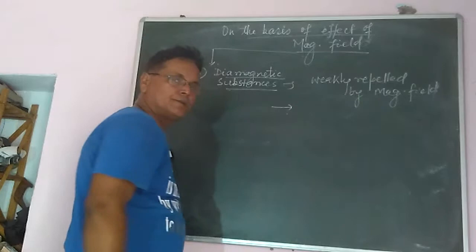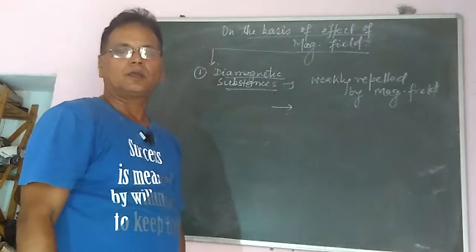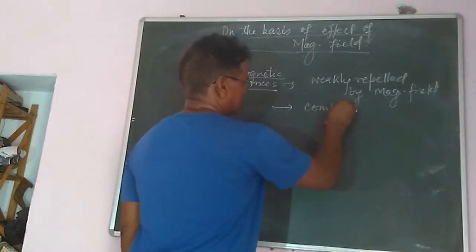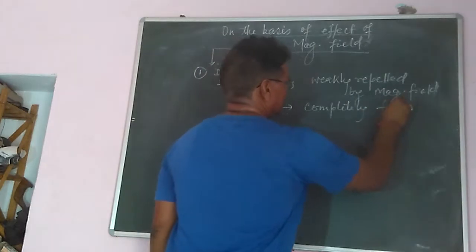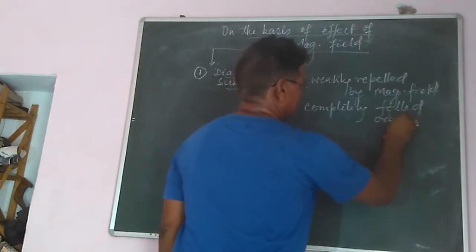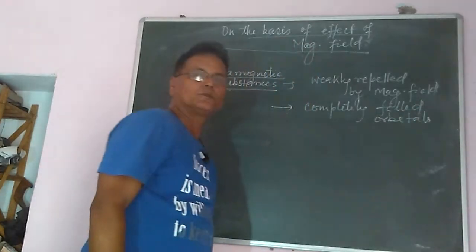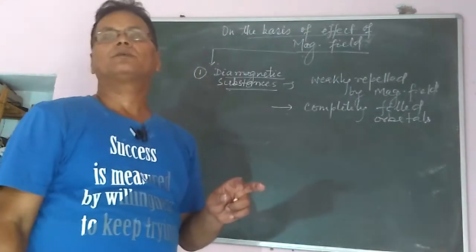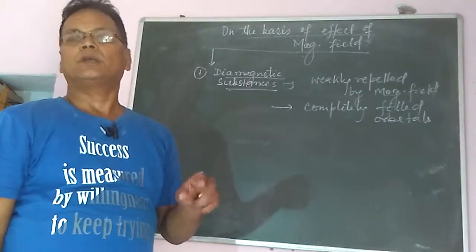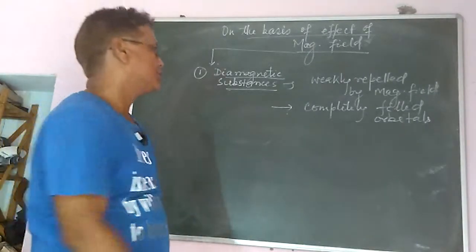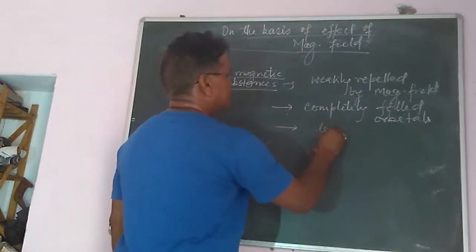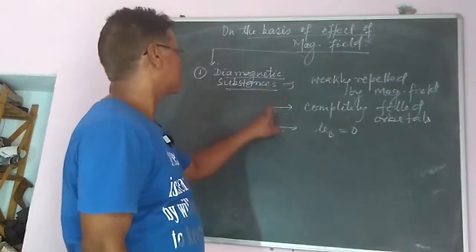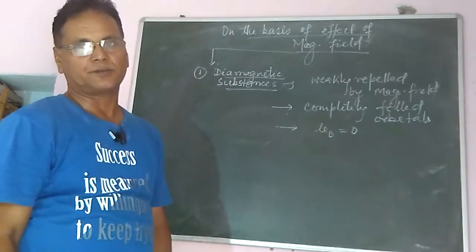What is its reason? It is due to completely filled orbitals. It means the orbitals are completely filled. And in the orbitals, the spinning of electrons is clockwise and anti-clockwise. So the net magnetic moment is equal to 0. So such substances are called diamagnetic substances.